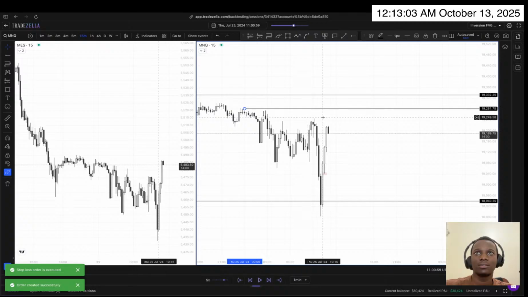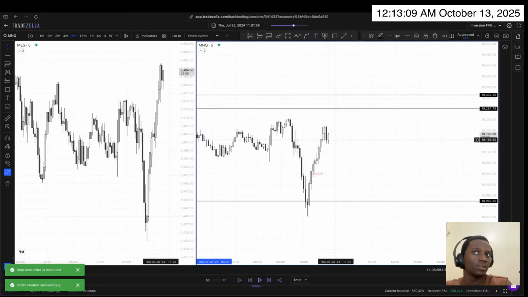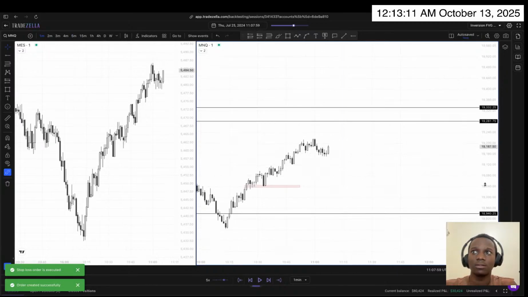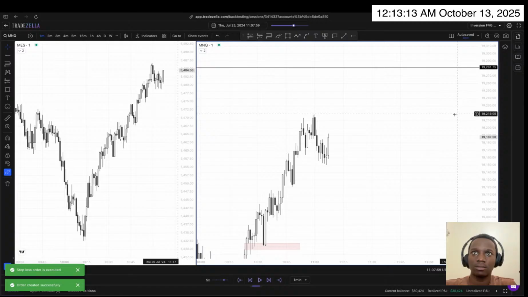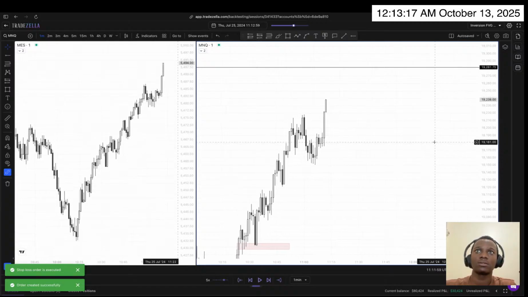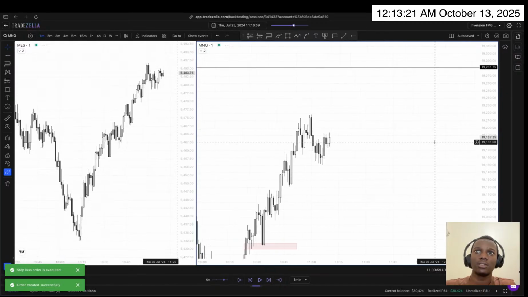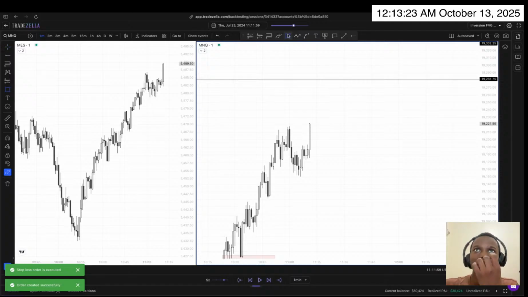Yesterday's relatively equal highs. I said liquidity pool. Look at this entry here. Inversion, sweep, this thing here.